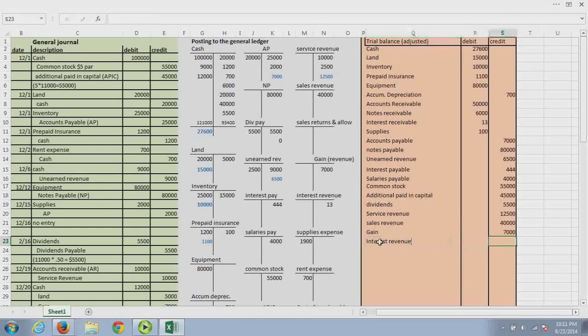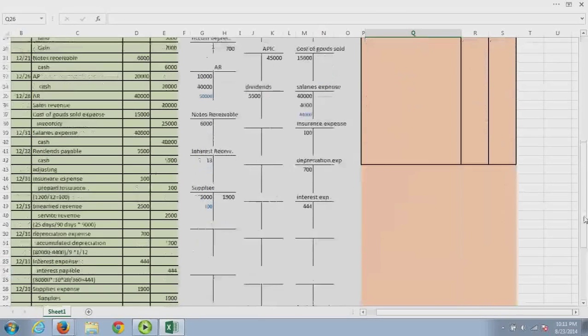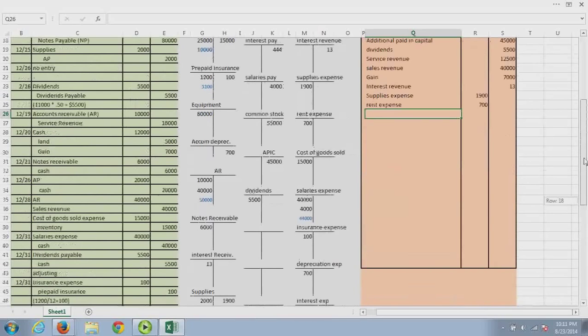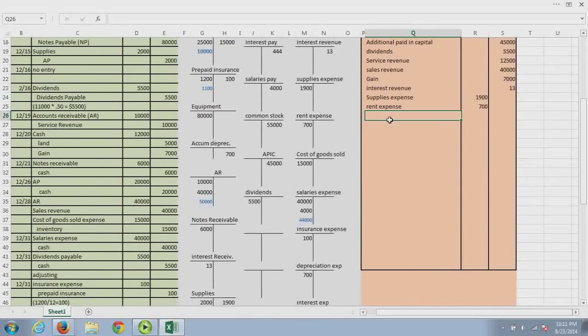Interest revenue, supplies expense is a debit, and rent expense. And what else do we have? Cost of goods sold. And salaries.